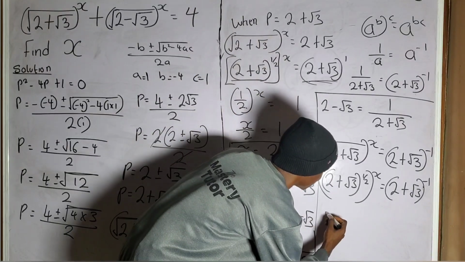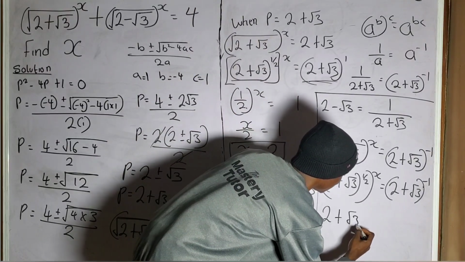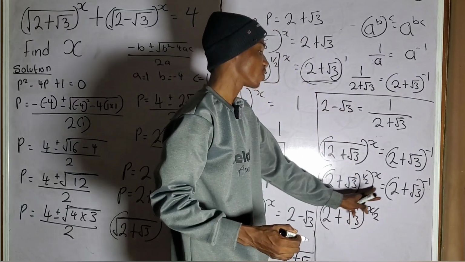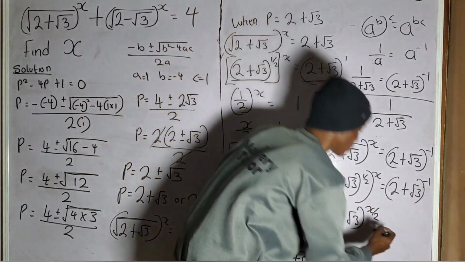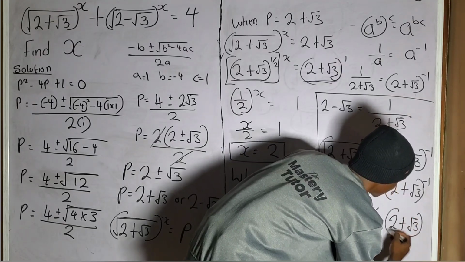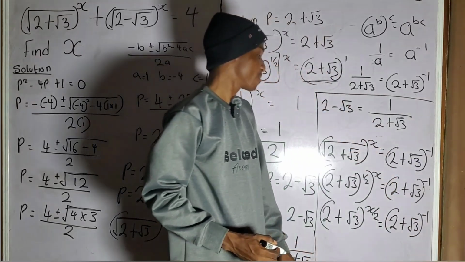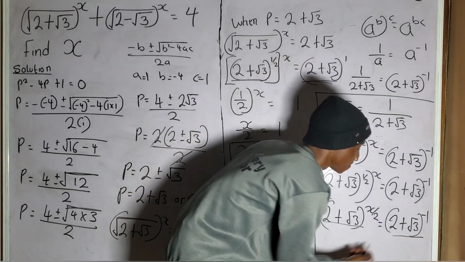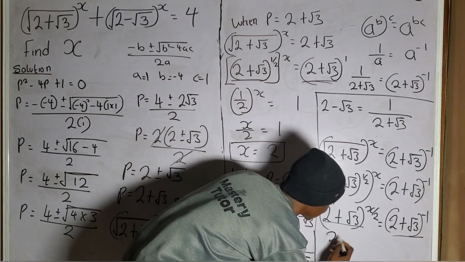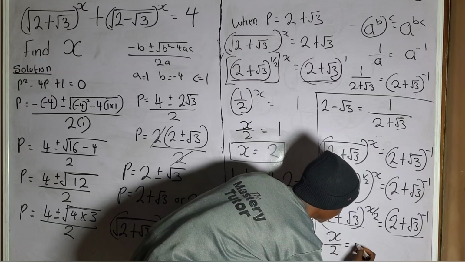So I'm going to have 2 plus root 3 raised to the power of what? x over 2. Because now, 1 over 2 will multiply x, right? So this will be equal to 2 plus root 3 raised to the power of what? Negative 1. Now, because the base are the same, I can set the power equal to each other. So I'm going to have x all over 2 equals negative 1.